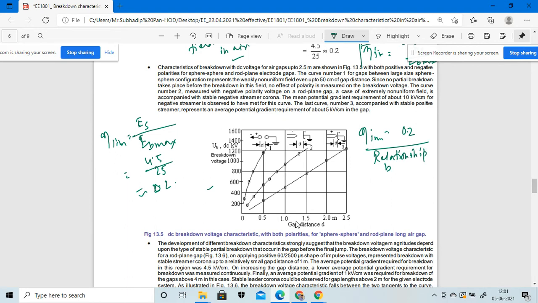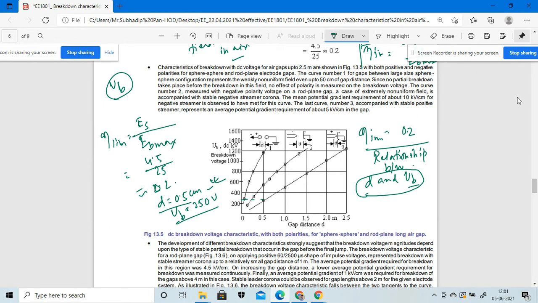This particular characteristic curve signifies the relationship between the gap distance d and the breakdown voltage U_b. That relationship is taken into consideration in this figure. Here we see that at a certain value of d, say 0.5 centimeter, the value of U_b is, suppose, 250 volt.